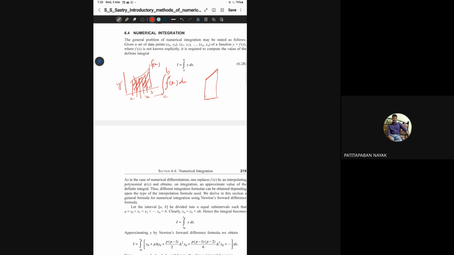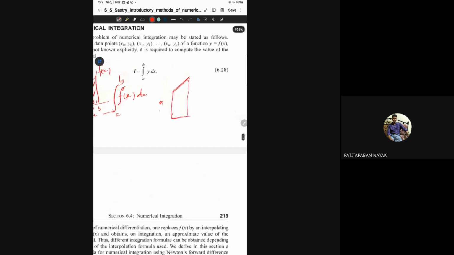So in this particular case, the parallel sides are y1 and y2, and this is h.